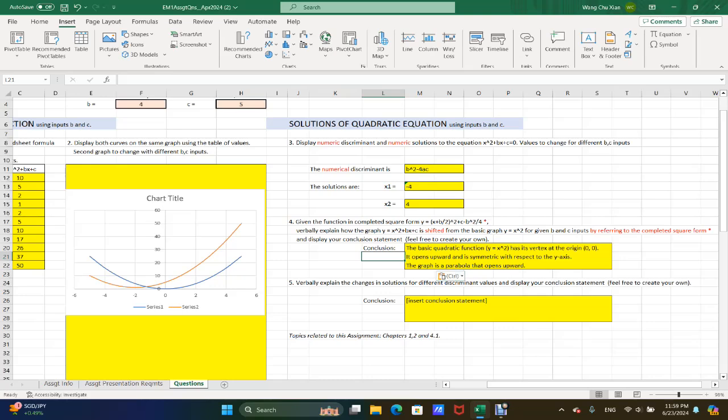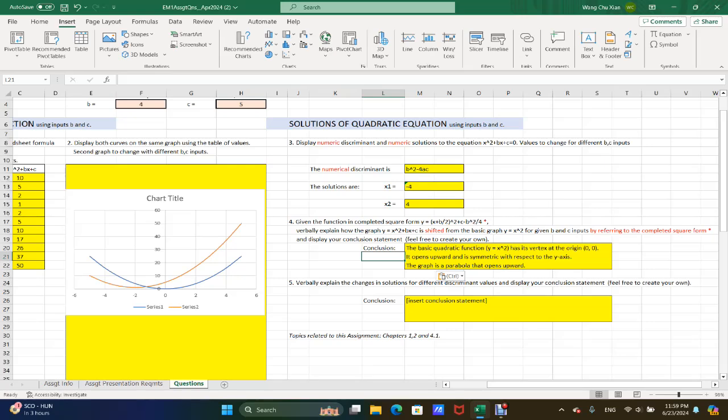The graph is a parabola that opens outward. Basically, the axes that determine whether the graph moves left or right, or up or down, are the x and y axes. The x-axis determines whether the curve moves from left to right or right to left, and by how many units. The y-axis determines whether the curve goes up or down. So this is how the graph is shifted up.